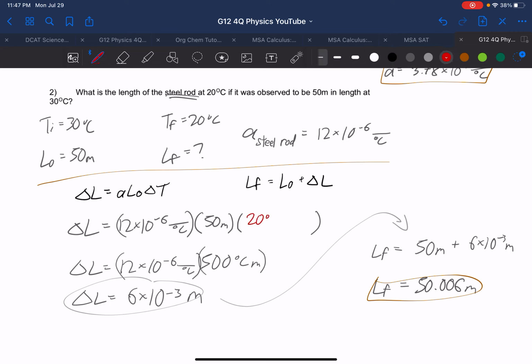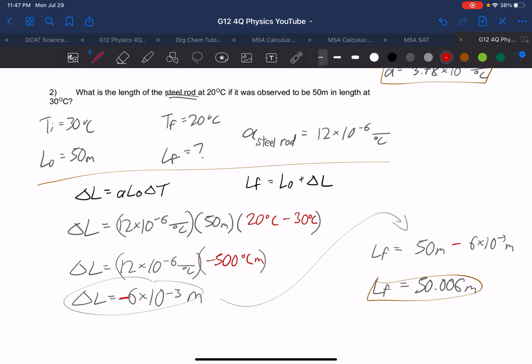It's supposed to be Tf minus Ti. Negative 10, right? So this is supposed to be negative. This is supposed to be minus.